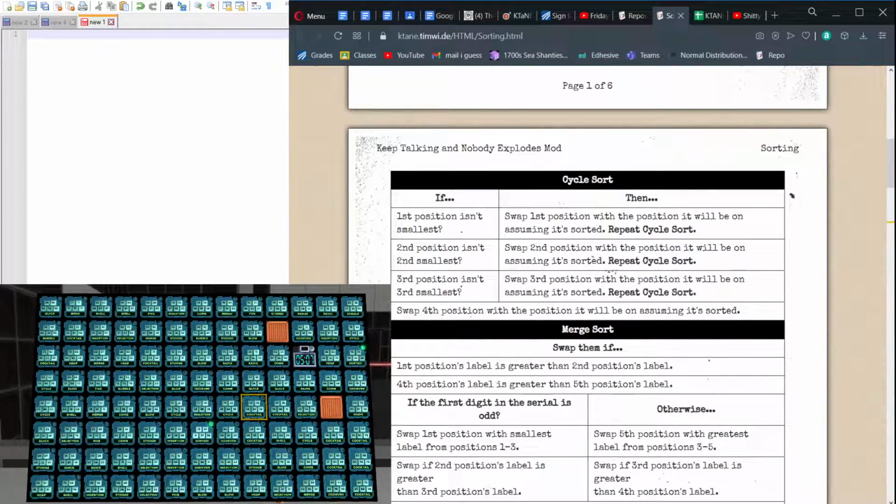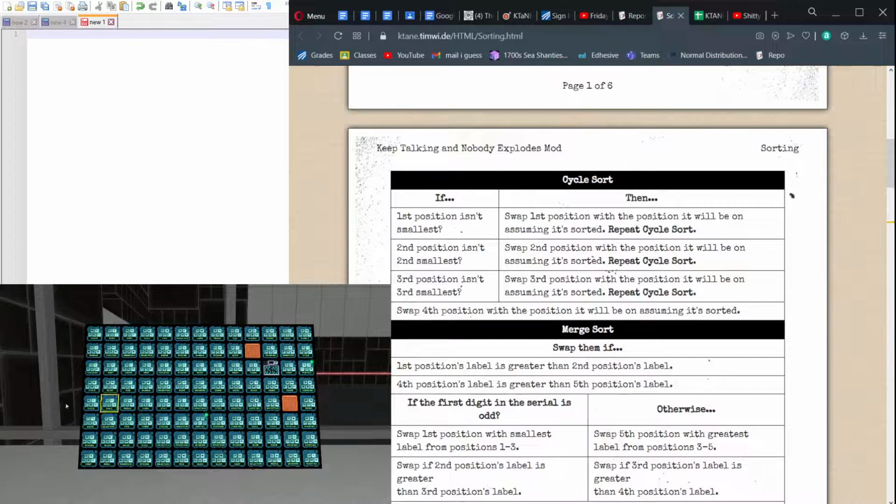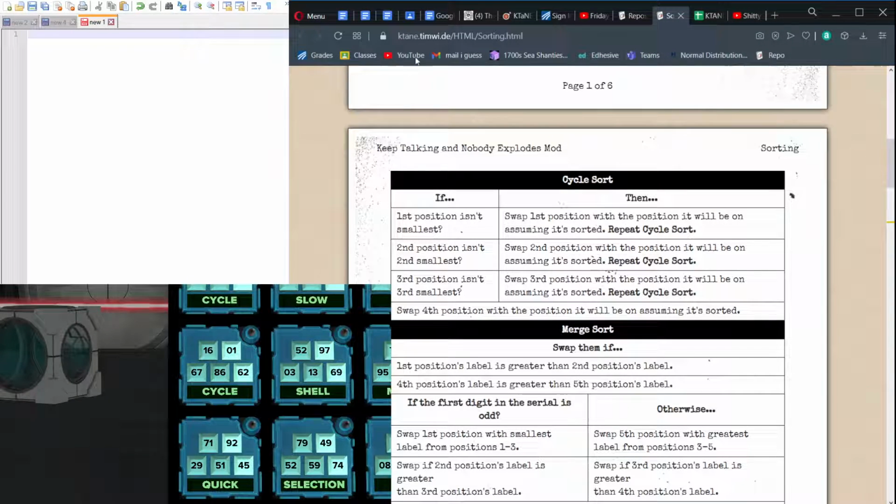Alright, let's take a look at cycle sort. There we go. This one I especially like. It's fun.